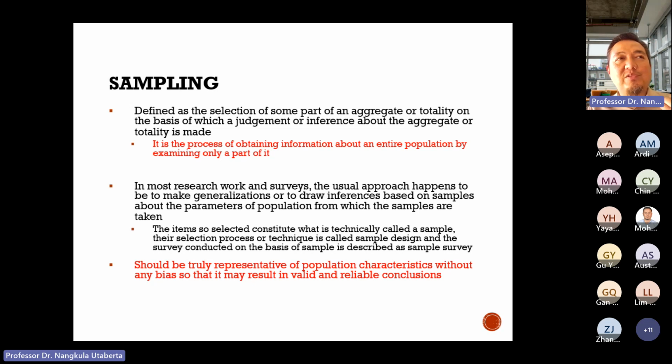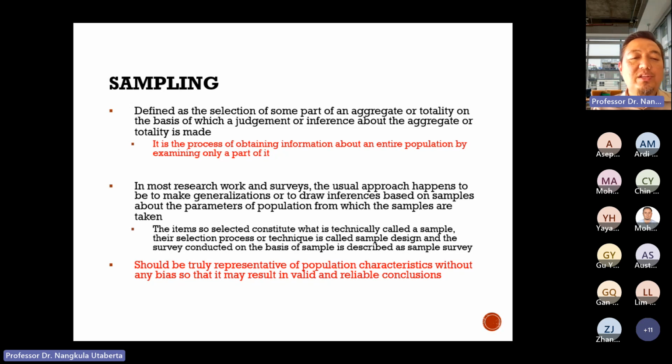When you pick up a sample, it should be representing the data. For example, let's say you do research on community mosques, so your sample should be community mosques, not suddenly one Jamek mosque or state mosque. That is a different sampling, which is not representing the one that you want.